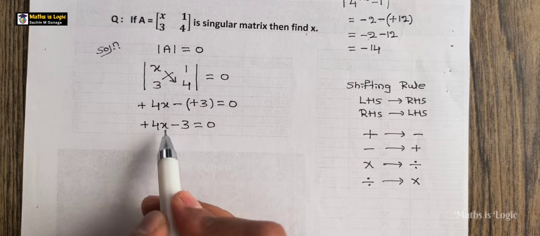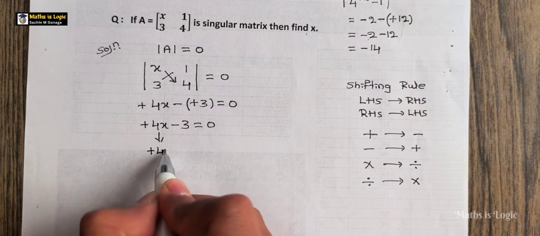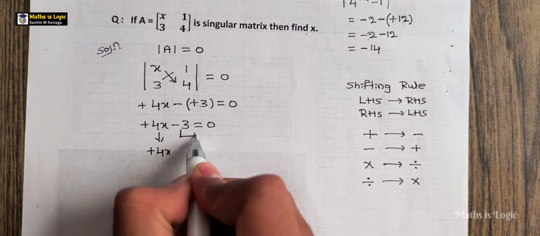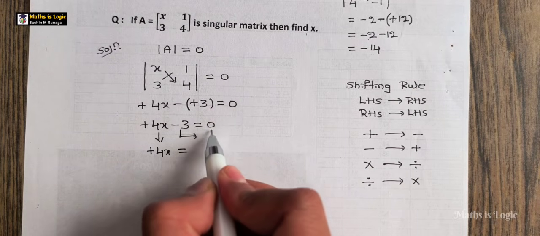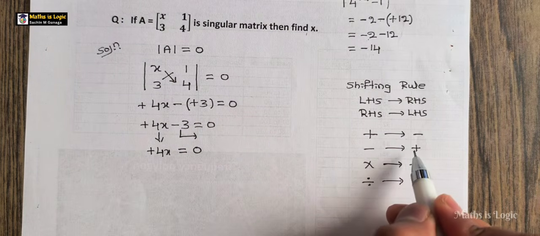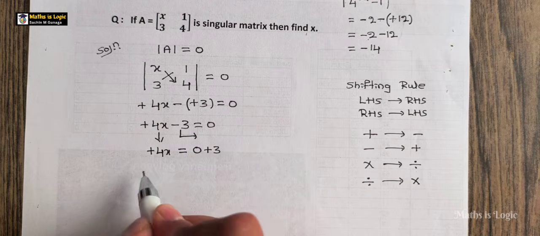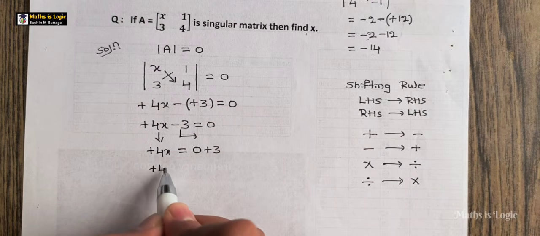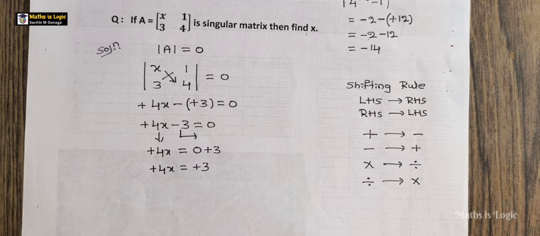We need the x value, therefore I am going to keep this x in the left hand side. At the same time I am going to shift minus 3 to the right hand side. Already in the right hand side 0 is there, keep it as it is. Minus, if I shift it, becomes plus, therefore minus 3 becomes plus 3. Therefore plus 4x is equal to 0 plus 3 is 3.